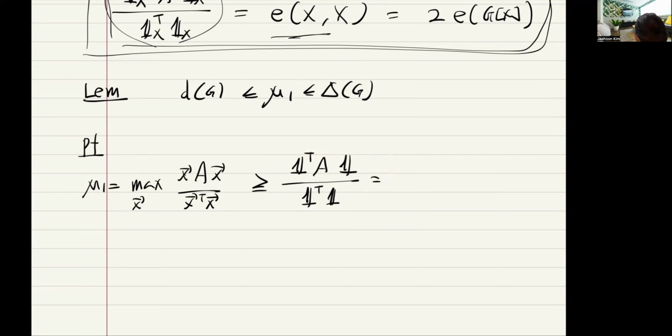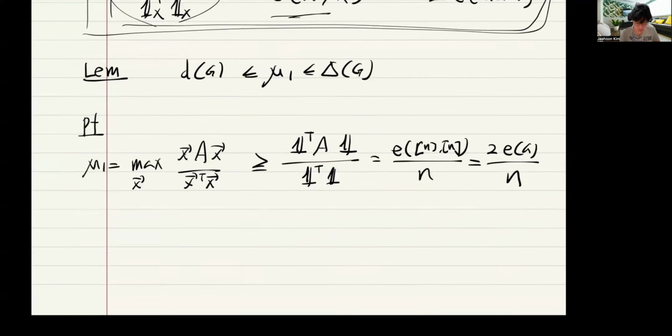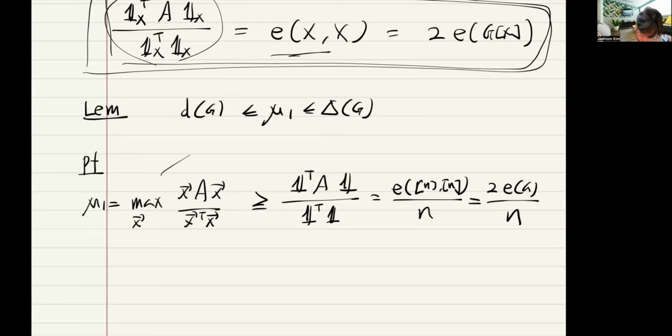You just compute this, and this is twice the number of edges in there, which is E of the entire vertex set, which is twice the number of edges. The bottom part, since this is the all-one vector, gives n. So you have this inequality. This shows it.